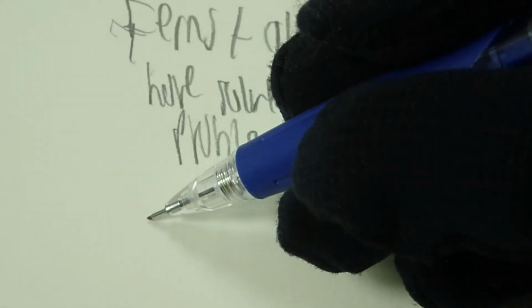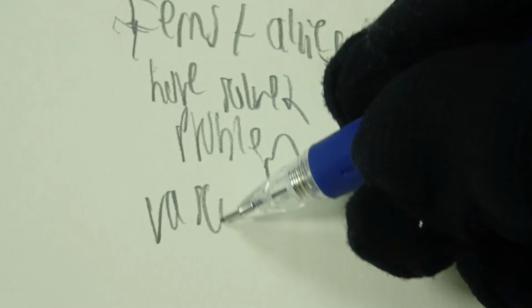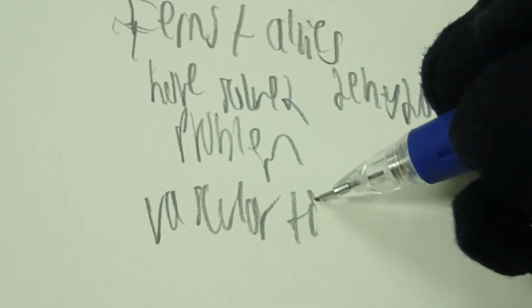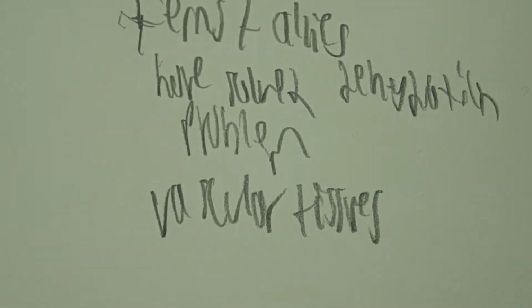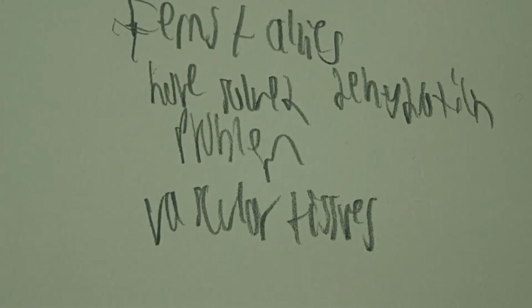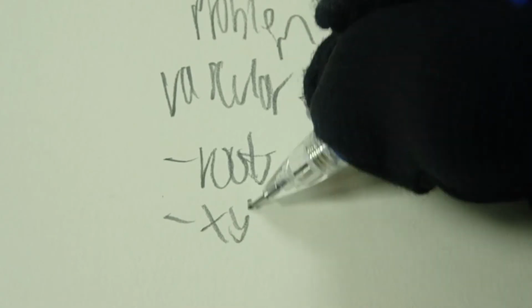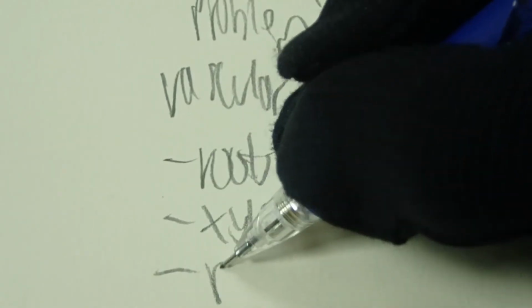And what the dehydration problem solution entails is vascular tissues. So, what this means is that in ferns you see the first appearance of roots, xylem, and phloem.